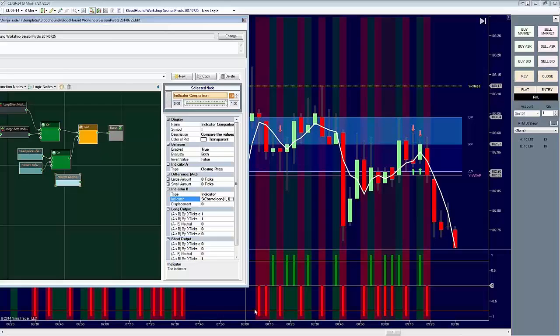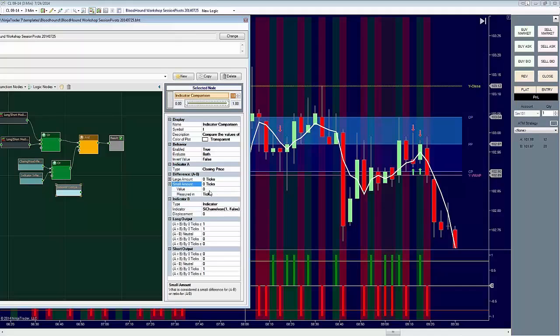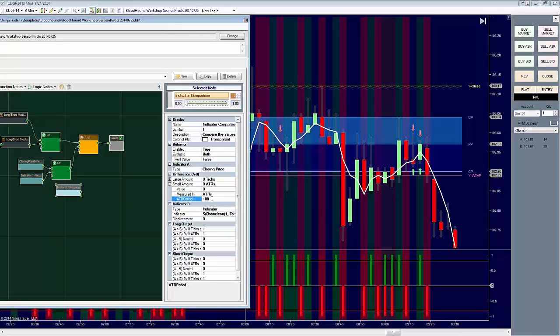All right, so how do I define percentage of the bar itself? We set the small and the large amount to use the ATR function, but set the ATR to a period of 1. So that gives us the range of the current bar.